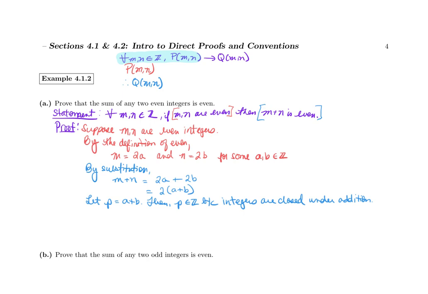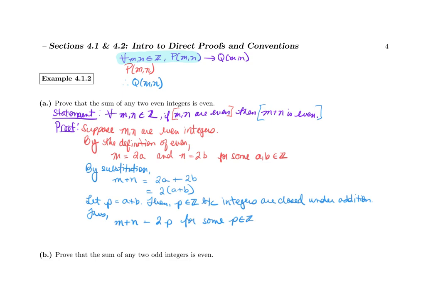Well, how does this help us? We would say thus, if we continue our m plus n simplification, that means 2 times a plus b becomes 2 times p now. So we would have 2p for some integer p, so for some p in the set of all integers. And why would I write it again?